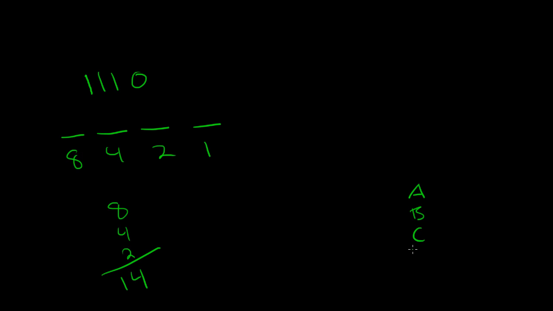A, B, C, D, E, and F. And 10, 11, 12, 13, 14, 15. So in this case, the hexadecimal digit is going to be E. And so, again, anytime we have a number go above 9, but still basically between 10 and 15, we're able to represent it using the expanded hexadecimal digits.